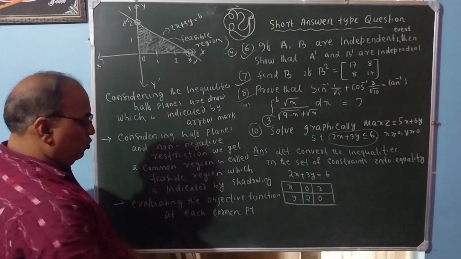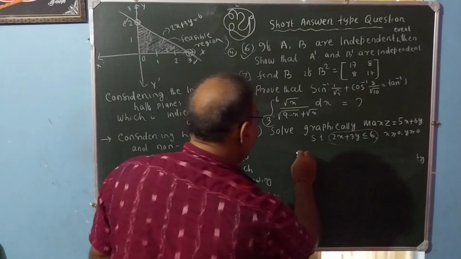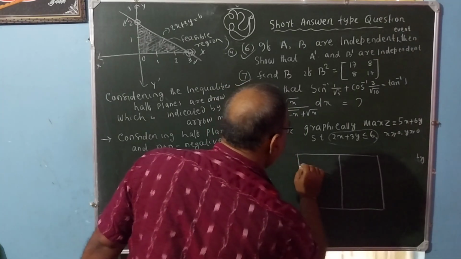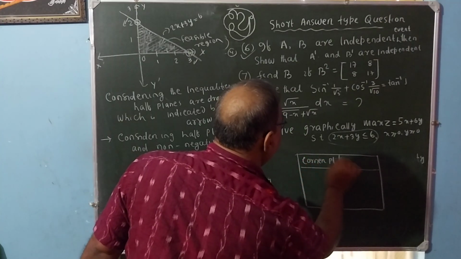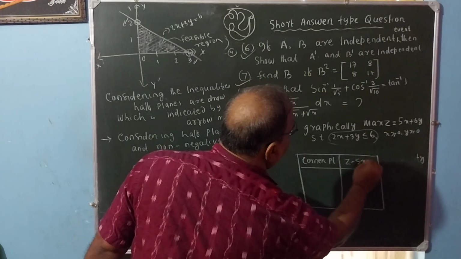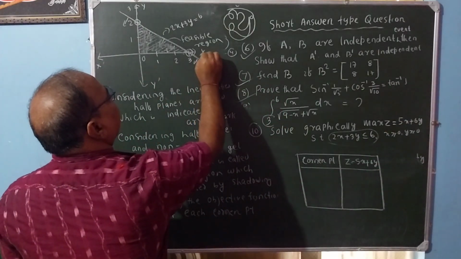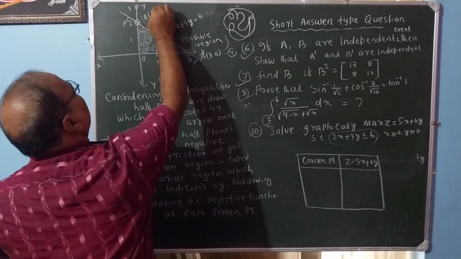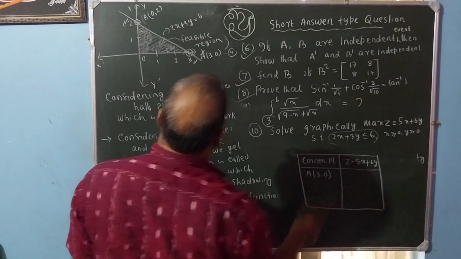Okay, so you have to make one box. Here it is one table. Here it is corner point. Here it is Z. Z is equal to 5x plus 6y. It is A, it is 3, 0. Here it is B, 0, 2. This point.